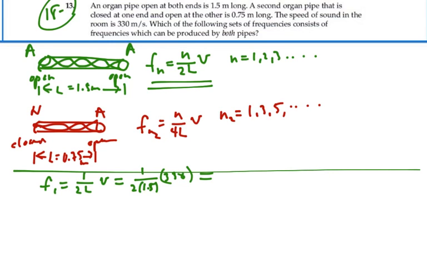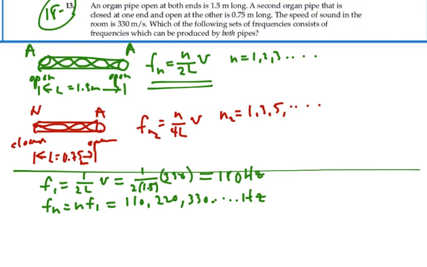So that is going to be 330 divided by 3, or 110 hertz. All of our frequencies after that are going to be n times that fundamental. So we are going to have possible 110, 220, 330, and so forth and so on hertz.